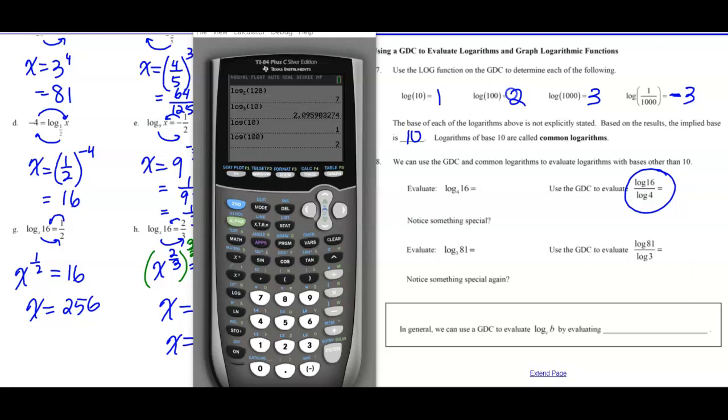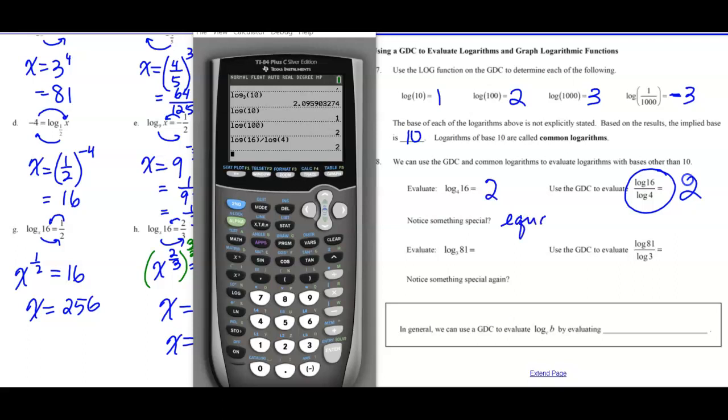Log of 16, don't forget to close the brackets, divided by log of 4. We get 2. We should actually know that one in our head: 4 squared is 16. What do you notice? They are equal.